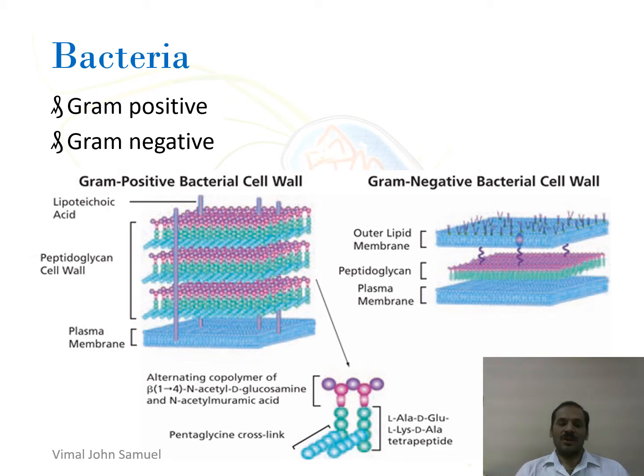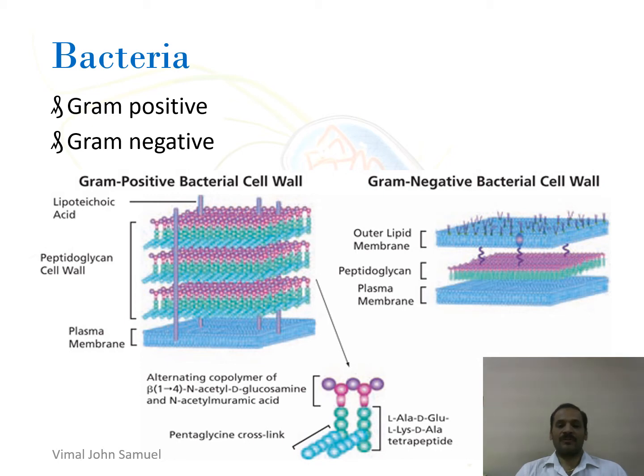The difference in the staining procedure is mainly because of the presence of their cell wall, which consists of different substances, for example peptidoglycans and lipid membranes. The differences in the number of layers of these peptidoglycans and lipid layers make the difference between gram-positive and gram-negative bacteria.